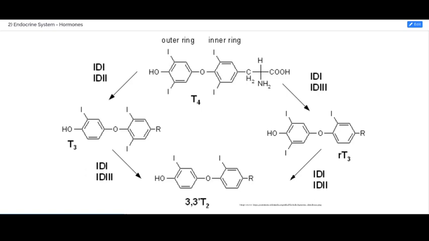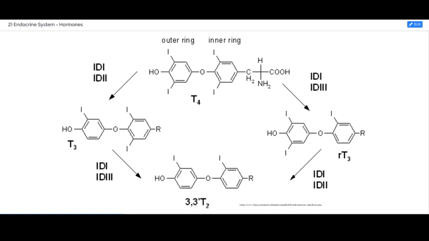That aspect of the molecules are still present in the T3 variations in the rest of this figure, but they're represented just by the letter R, so that they don't have to just keep being rewritten and make this an even busier figure. But what we do see are the two tyrosine ring structures.